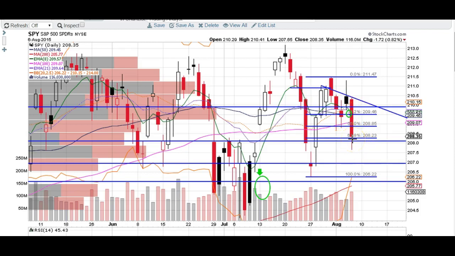And that's another reason why I think we can get a bounce. We also bounced from that 208 level, and we had a pretty strong move at the bottom today. So there's a little bit of momentum heading into tomorrow. I think it's possible we're going to get a gap up tomorrow. We'll see. We don't have any position right now on the S&P 500, so it really doesn't matter that much.